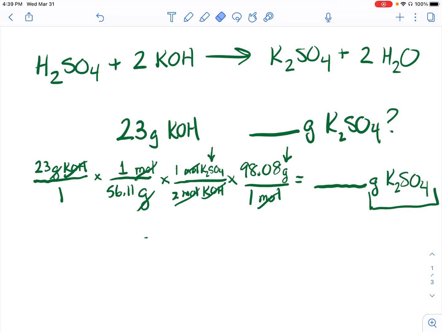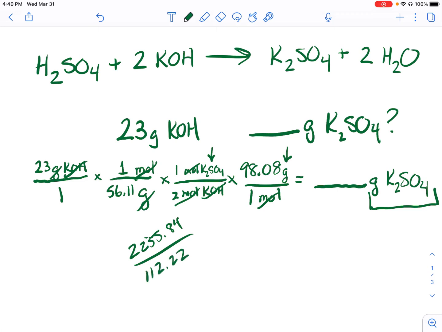I always do my math twice, and that number looked weird, but hopefully I get the same thing. 98.08. Yep, so 2255.84 divided by everything on the bottom.